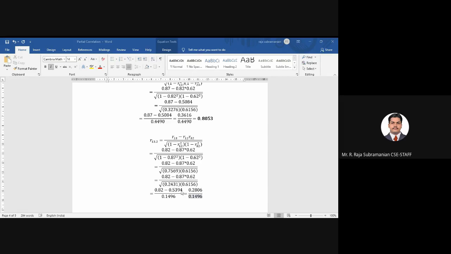The denominator is smaller. I need to take the square root. The square root is missing.